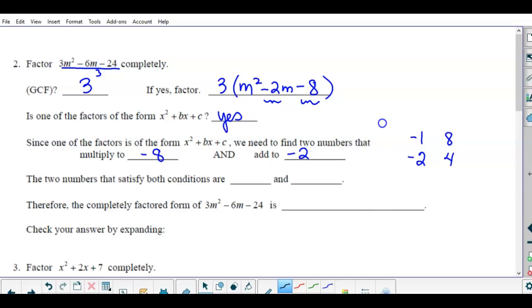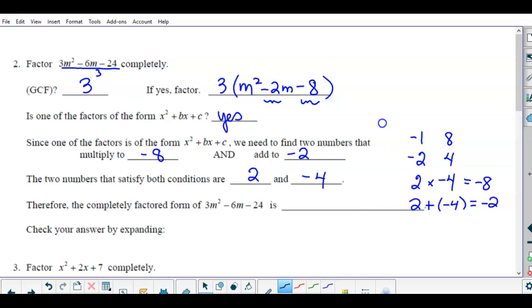If these add to positive 2, but I want it to be negative 2, what could I change here, Michaela? Change the 4 to negative. Right. So change that to negative 4 and this to positive 2. Okay, they still multiply to negative 8, and if you add them together, they give you negative 2. So those are our two values. So 2 and negative 4.